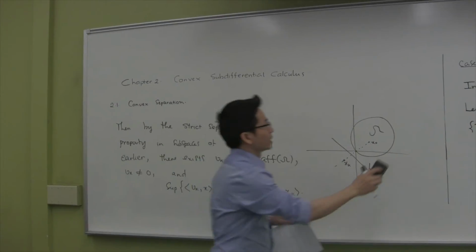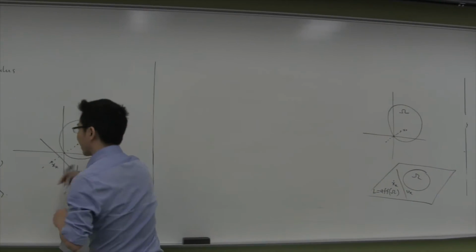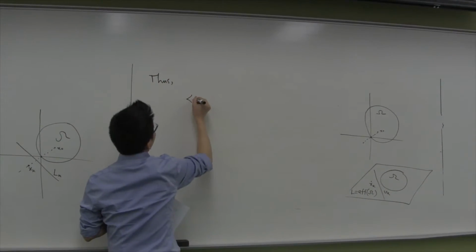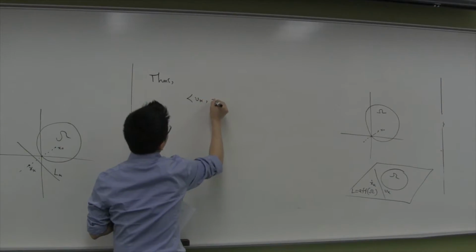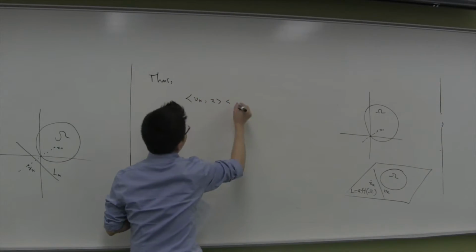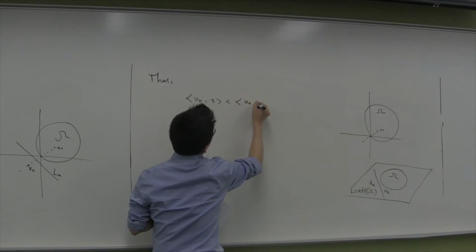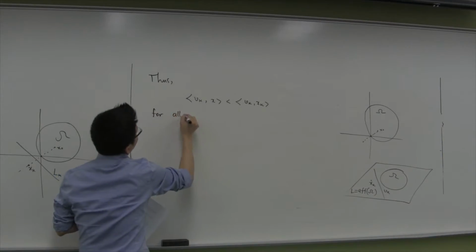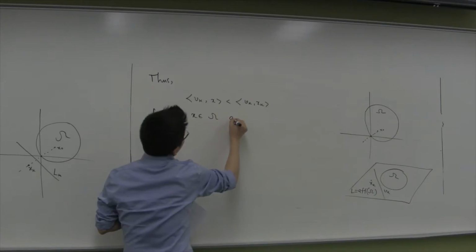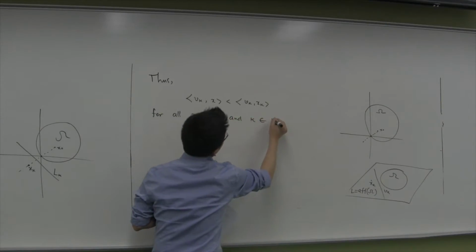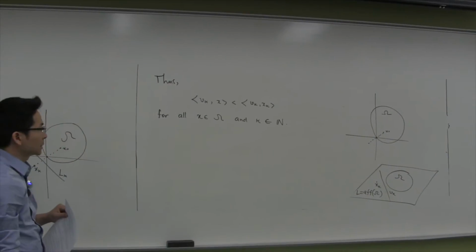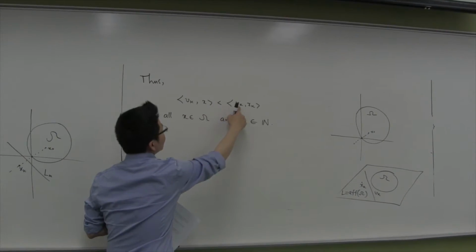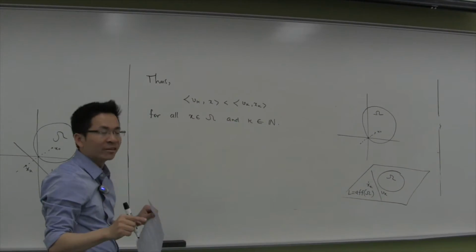Okay, so from here we see the following. In particular, from here we have the following property. Thus, the inner product of Vk and x is strictly less than the inner product of Vk and xk. This is true for all x in omega and k in n. So now we can divide both sides of this inequality by the norm of Vk.